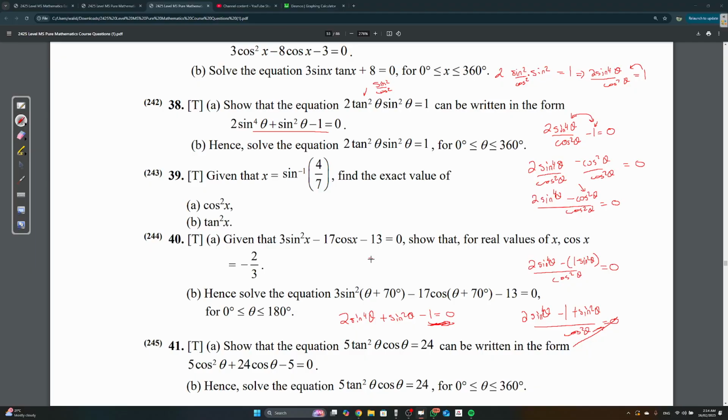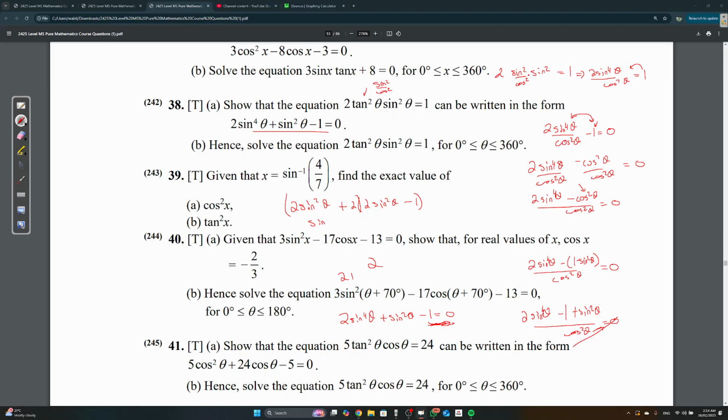Multiply 2 by minus 1, you get minus 2. Which numbers multiply to get 2 but subtract to get 1? 2 and 1, obviously. So you're going to get 2 sine squared theta and 2, then 2 sine squared theta and 1. The plus goes to the bigger number, the minus goes here. Divide by 2, divide by 2.